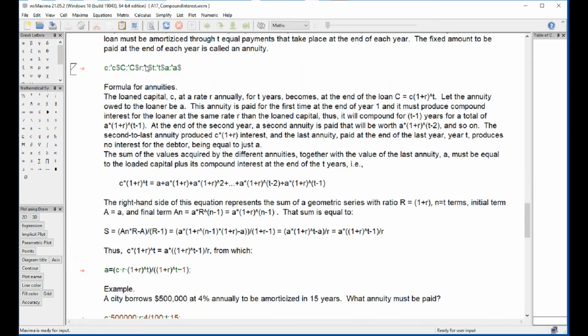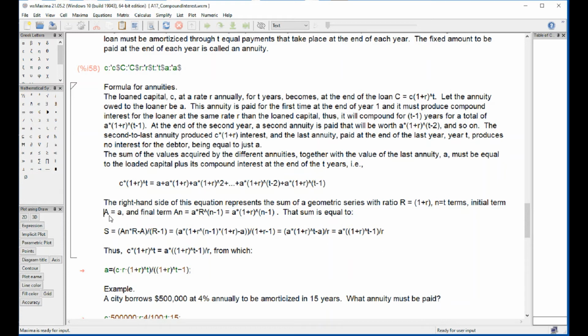Amortization. This is when you have to pay an annual installment. So the first year you pay A, the second year you pay A(1 plus R), and so on. So that at the end of T years, this sum will be equal to the growth of the capital. This is a geometric progression, and so there's another reason why we do compound interest, because it talks about geometric progressions.